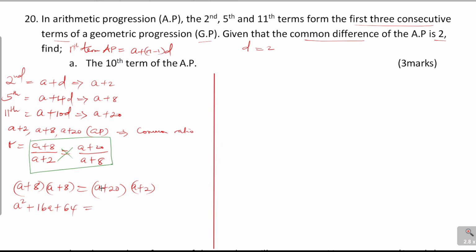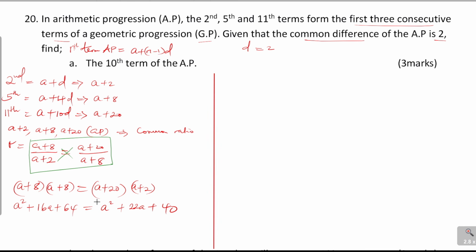When you expand a plus 20 multiplied by a plus 2, that should give a squared plus 22a plus 40. So now look at this equation.